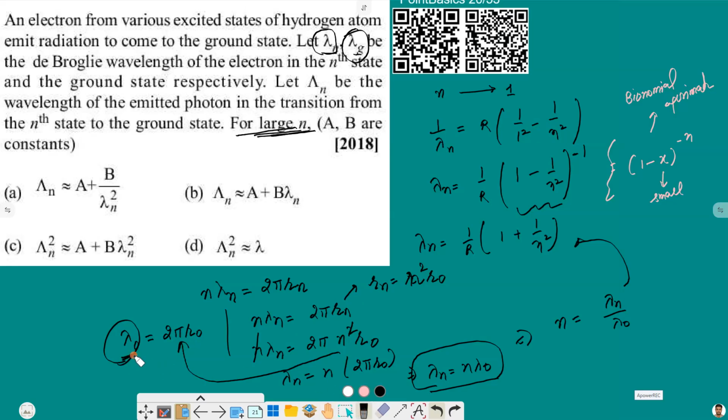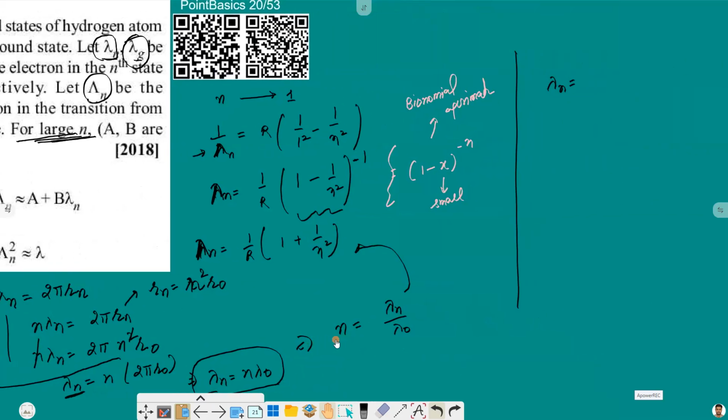This lambda naught is the de Broglie wavelength, and this lambda n is the de Broglie wavelength of the nth state. And here I also used the same notation. This is the wavelength of the photon emitted due to transition, and that is this delta n. So let me write this as delta n. This is the relation for delta n, not lambda n. This is the correction we need to do here.